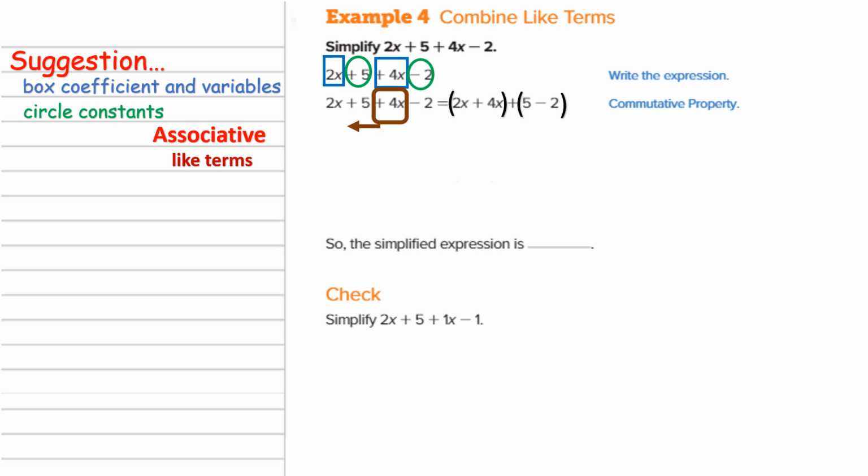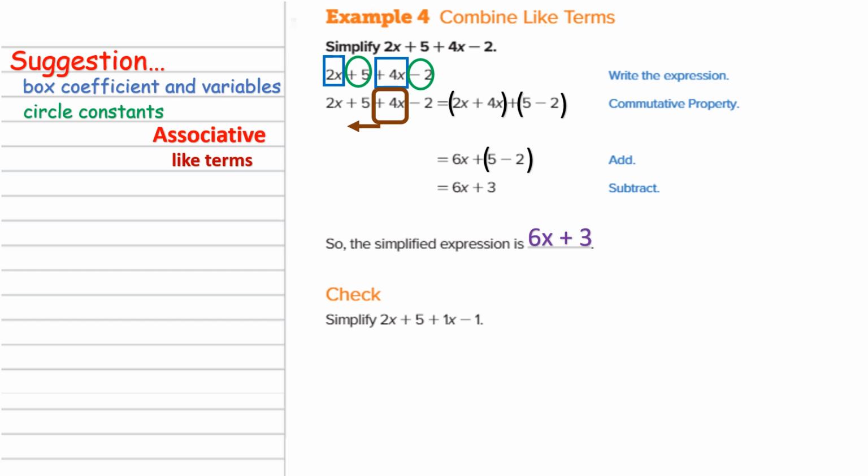And then I have constants. So I have 5 minus 2, and that's just simply going to give me 3. So I'm going to have 6x, going to do the subtraction, plus 3, because 5 minus 2 is 3. So my simplest form, my simplified expression is indeed 6x plus 3.